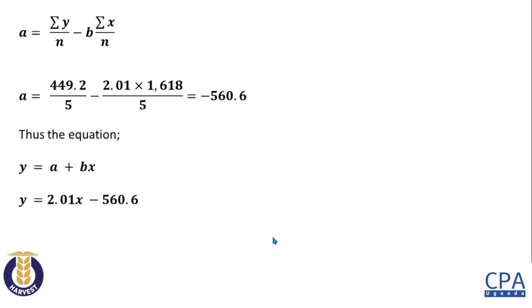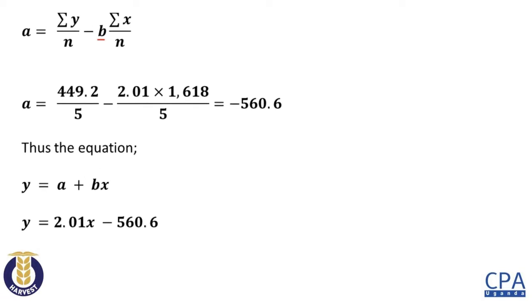2.01. All right, so the next value is the value of a, and we need to determine the value of a. Since now we have got the value of b as 2.01, from our table, summation of y is 449.2, n is 5, and then of course our b is 2.01 times summation of x, which we got from our table as 1618 divided by 5.